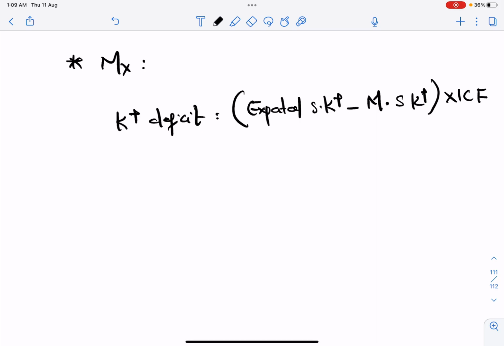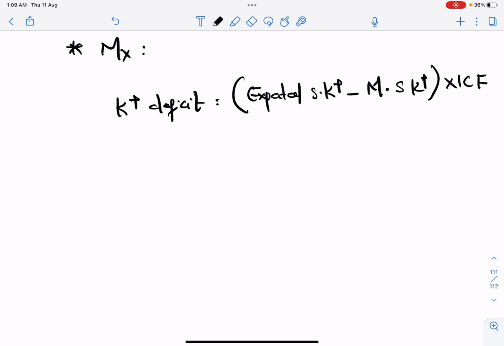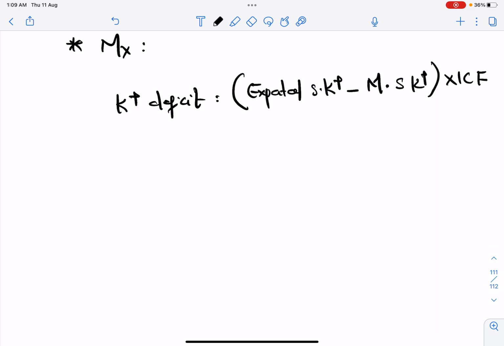This is the equation for potassium deficit, and the ICF is assumed to be 40% of total body weight.